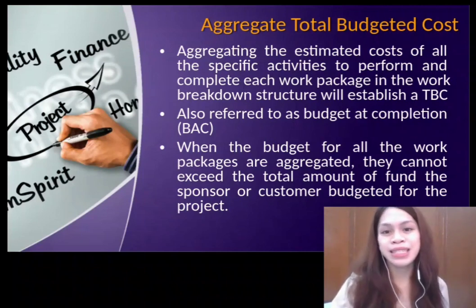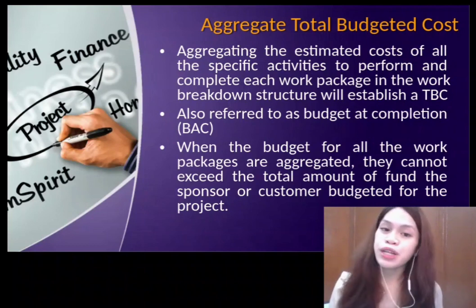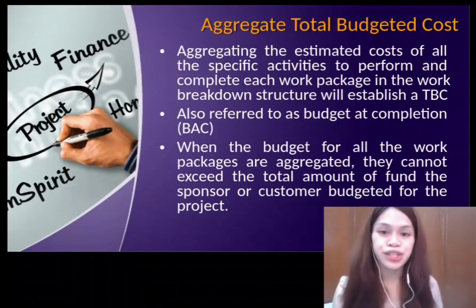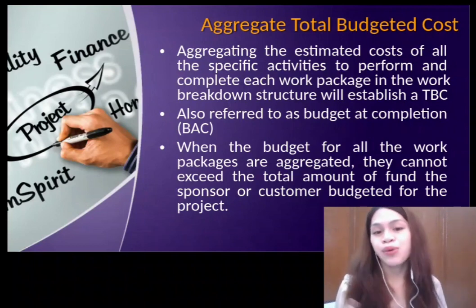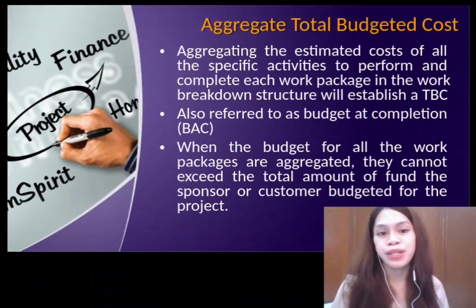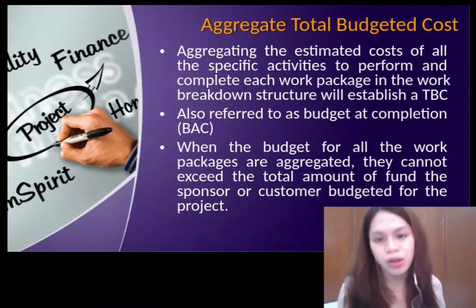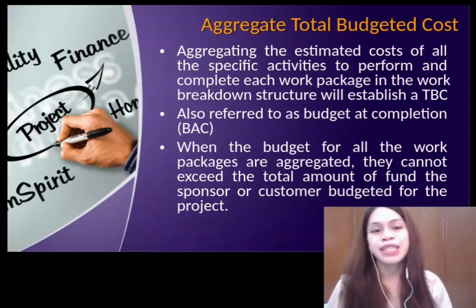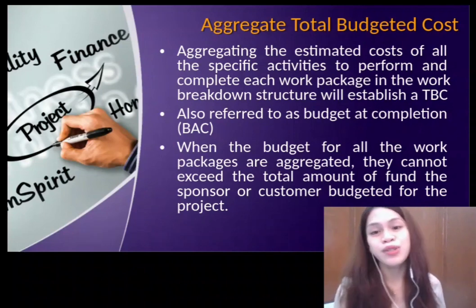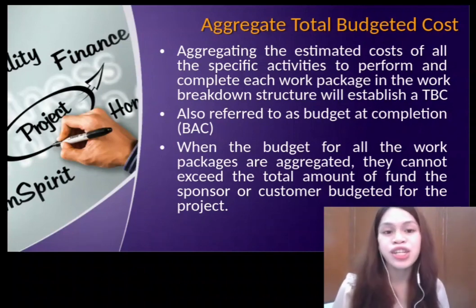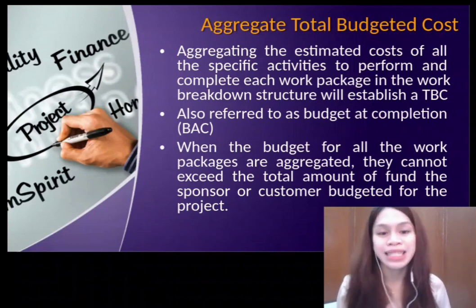We also have this aggregate total budgeted cost, which is also referred to as budget at completion or BAC. So here, the aggregate total budgeted cost serves as the baseline for monitoring and controlling project costs throughout the project's execution. Project managers use this baseline to track the project's expenditures and compare them to the estimated cost.